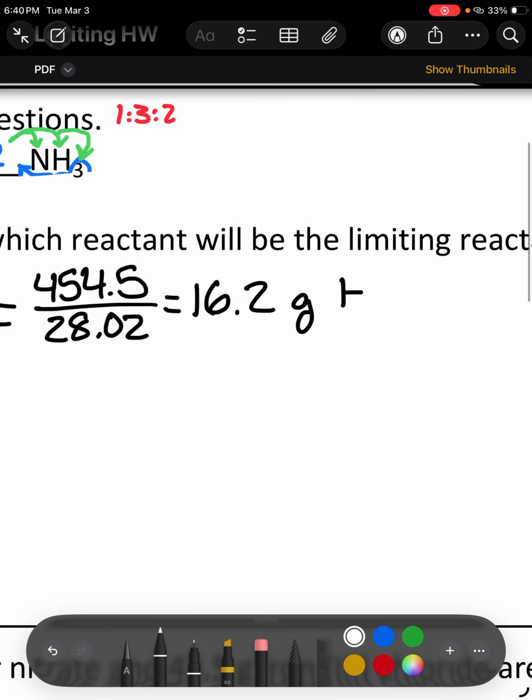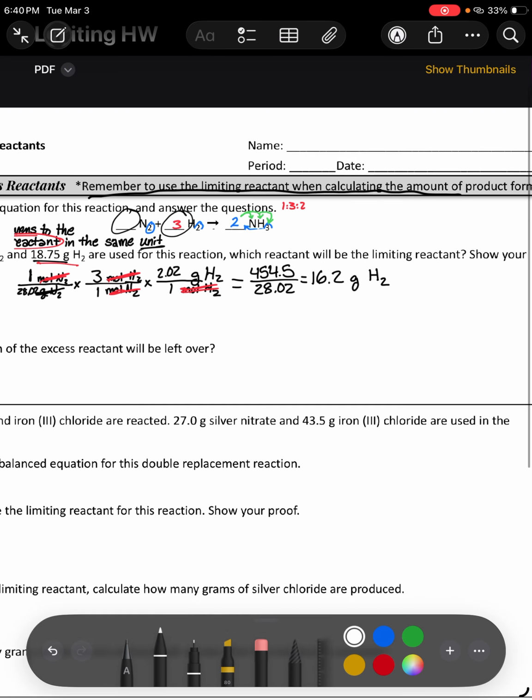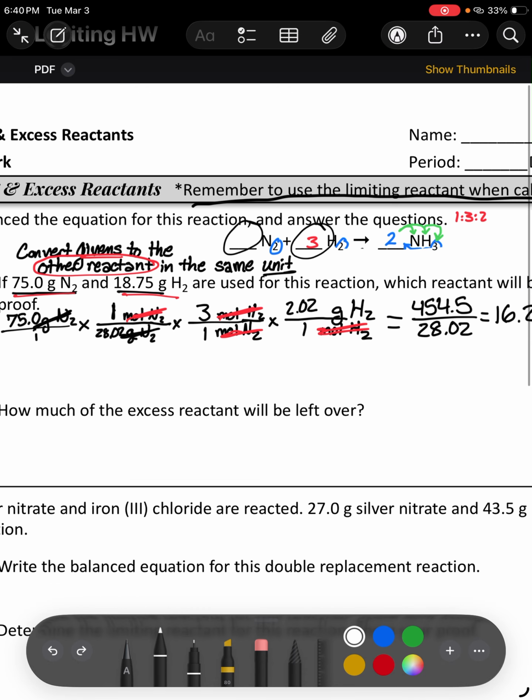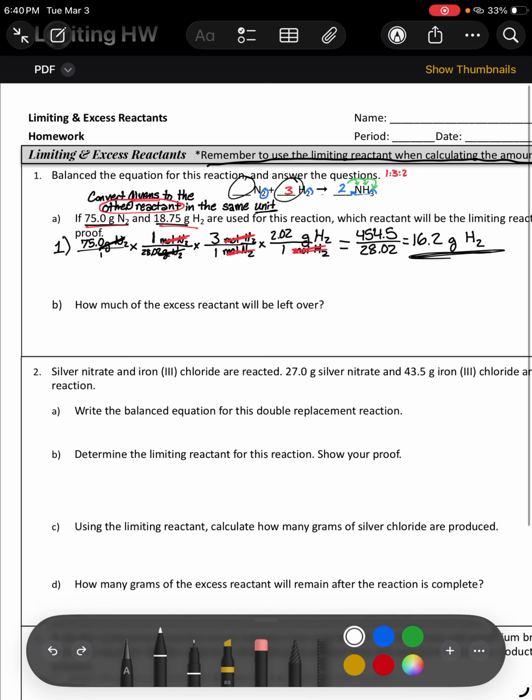Grams of hydrogen gas. So, if we're given 75 grams of nitrogen, how much hydrogen do we need? How many grams of hydrogen? We need 16.2. 75.0 grams of nitrogen needs 16.2 grams at least of hydrogen.